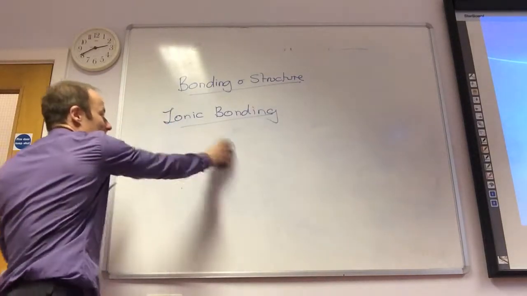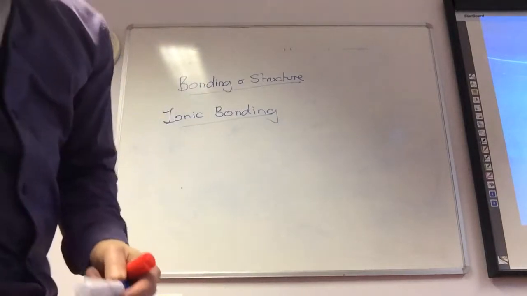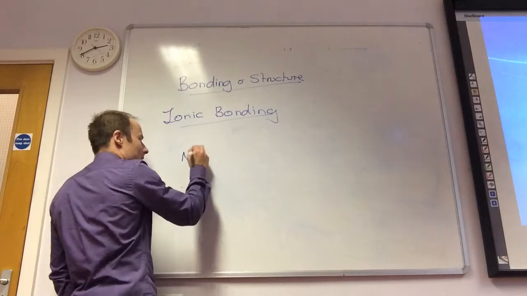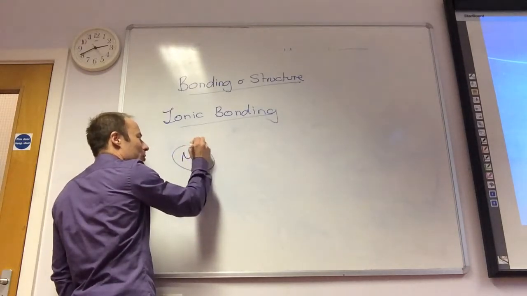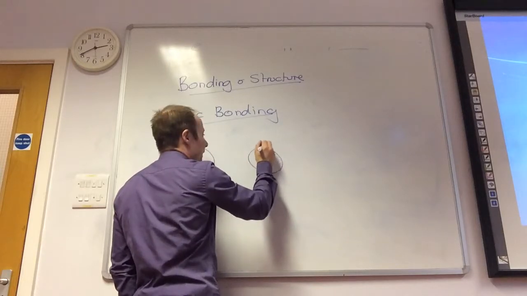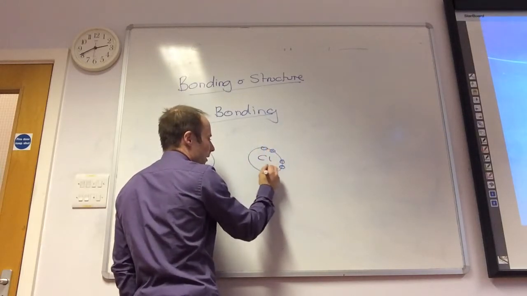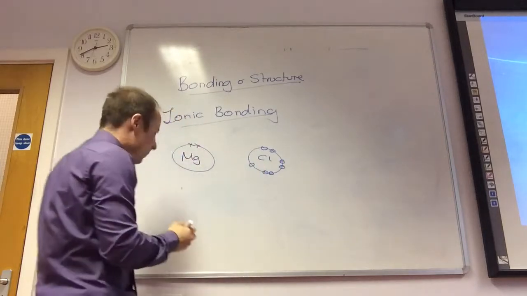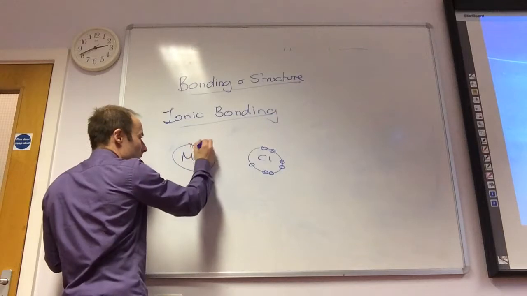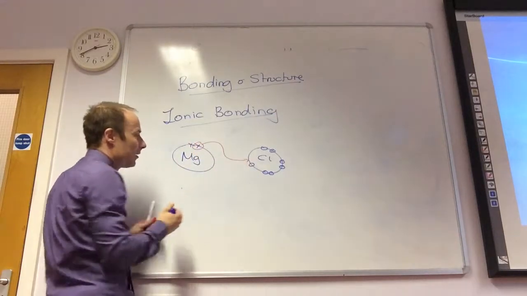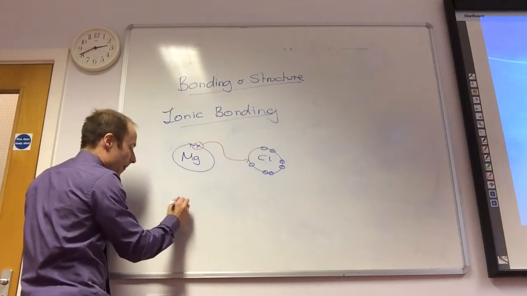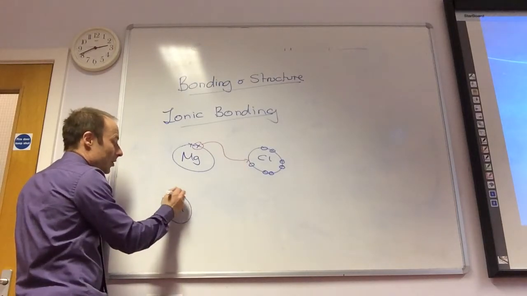So you can do slightly more complicated examples. If you've got, say, magnesium, magnesium has 2 electrons, and if you do chlorine again, it has 7 electrons. Magnesium wants to get rid of both those electrons. One of those can go to there, but what does it need? It needs another chlorine to come along.